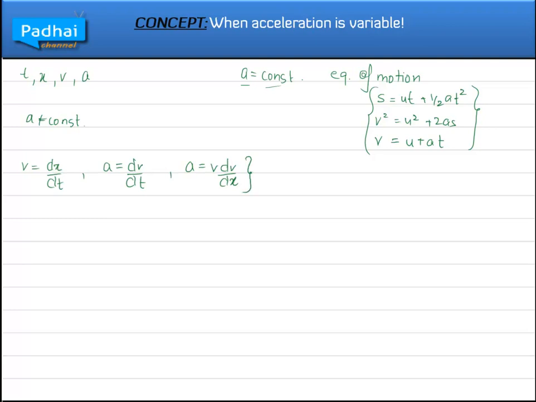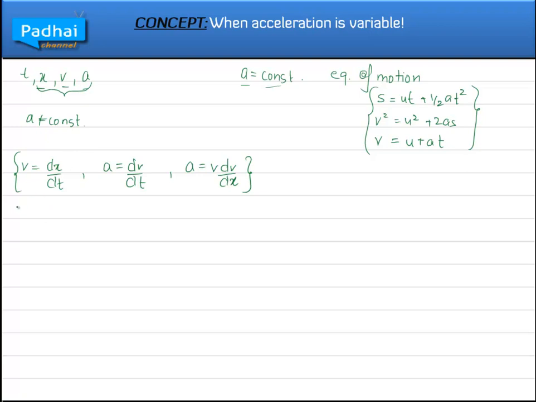These are the three equations which are used, and generally in a question, three variables will be there, or two variables will be there, or one of them will be asked, or something like this. So you have to use these equations.